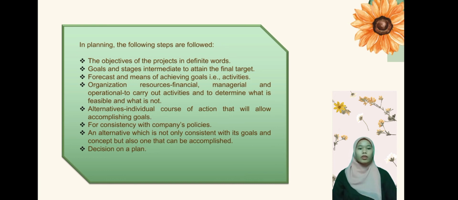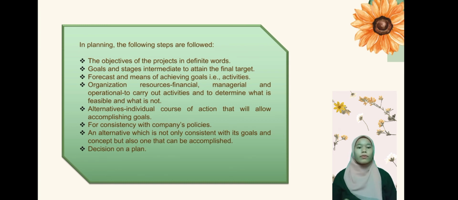In planning, the following are the steps. Number 1, the objective of the project is defined. Number 2, goals and intermediate stages to attain the final target. Number 3, forecast the means of achieving the goal, that is, the activity. Number 4, organization, resource management, managerial and operation to carry out the activity and to determine what is feasible and what is not.